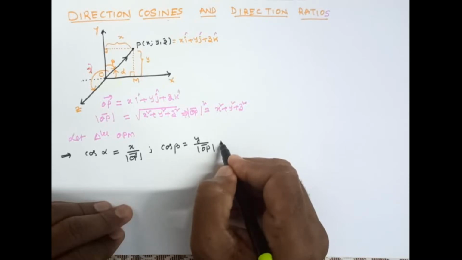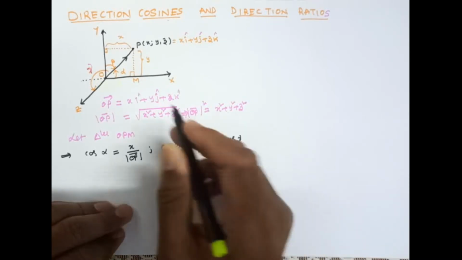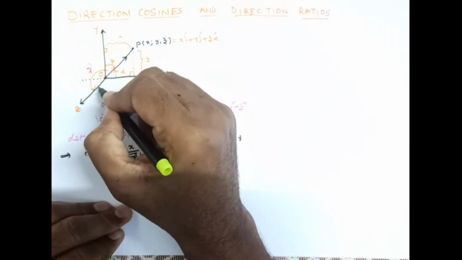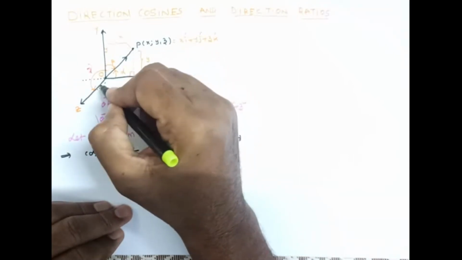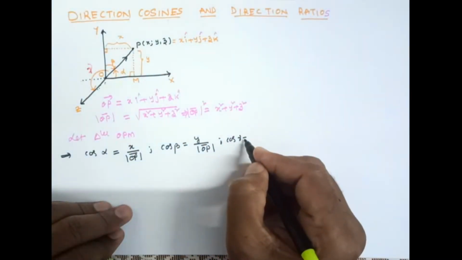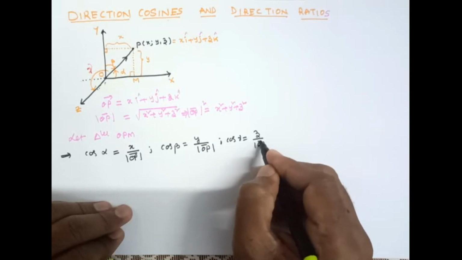Similarly, we can write cos gamma with the z-axis. With the z-axis we get one triangle, which has a right angle here. Then cos gamma is equal to z by mod OP bar.